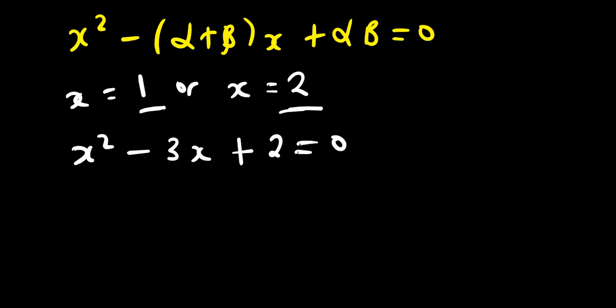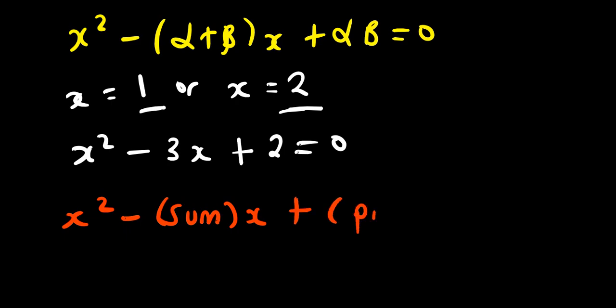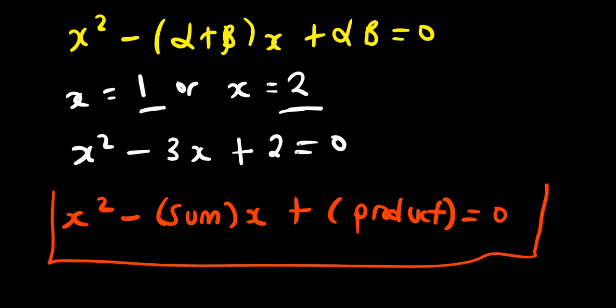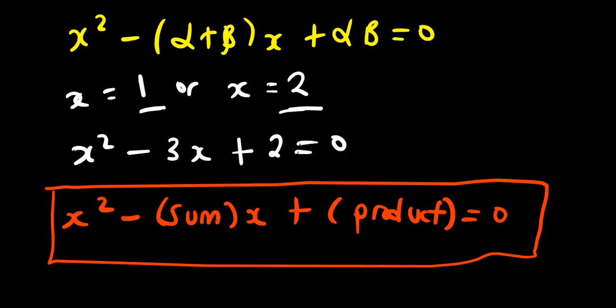Hence, from this expression we're able to conclude that our general formula will just be x squared minus the sum of the roots, x, plus the product of those roots. That's now the simplified version of our formula for when you're solving roots like that.